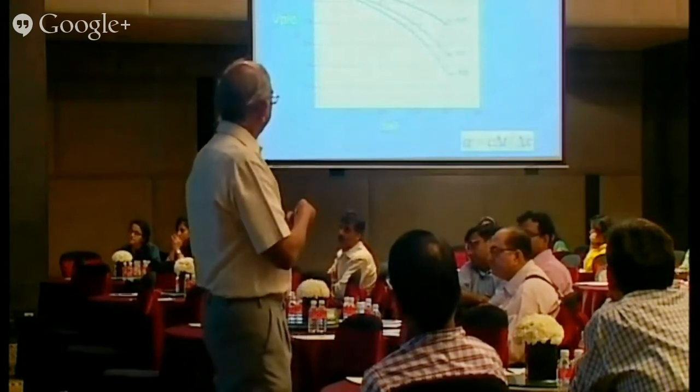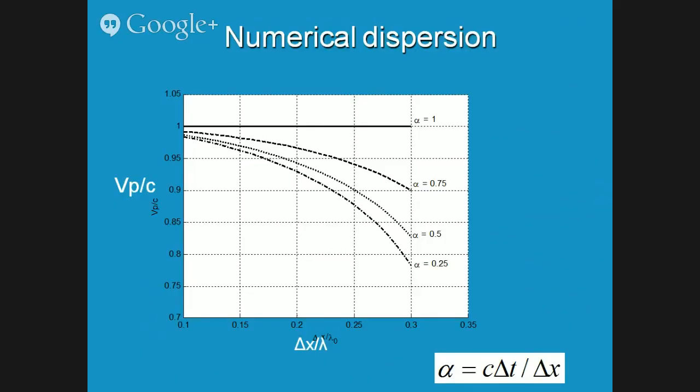But strangely, even the value of alpha, which is c delta t by delta x, even if you take a small value of delta t, making alpha smaller doesn't help. The numerical dispersion increases. But there is another strange thing happening over here, that a large value of alpha, alpha equal to 1, is giving you the exact solution.